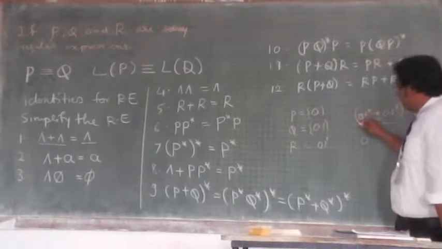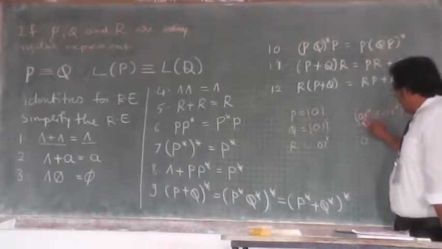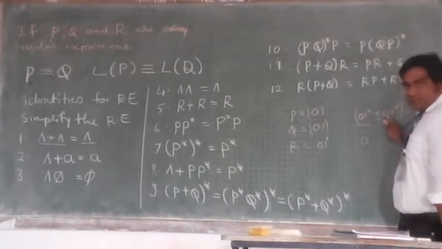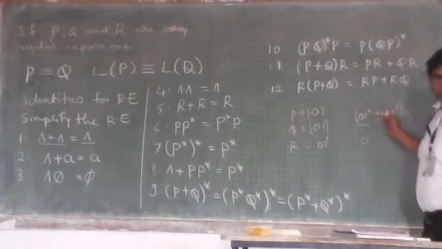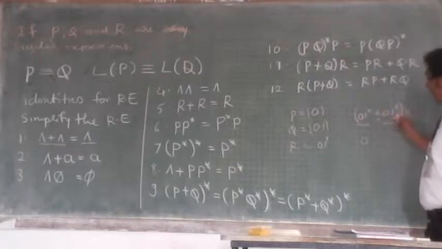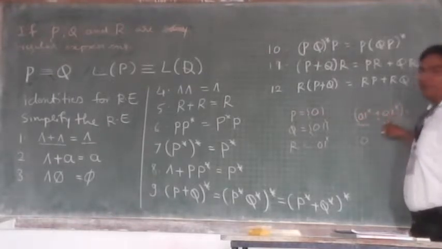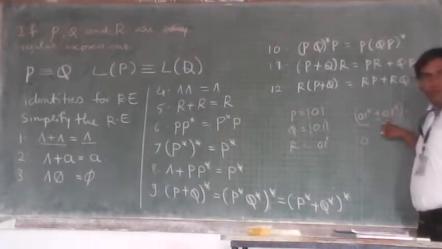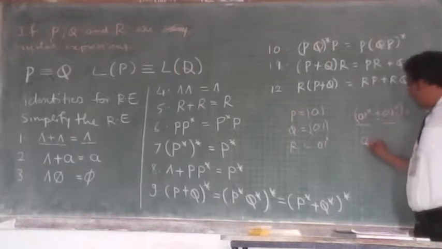Another case, in the second time I am generating a string by using this regular expression, out of these two I am selecting this one. Here I will select 0 and 1 time 1. So what will I generate?